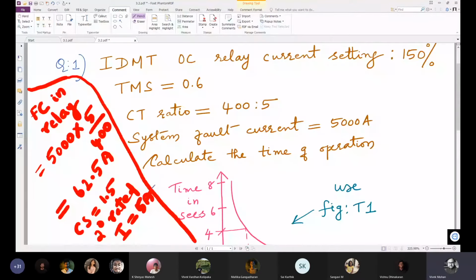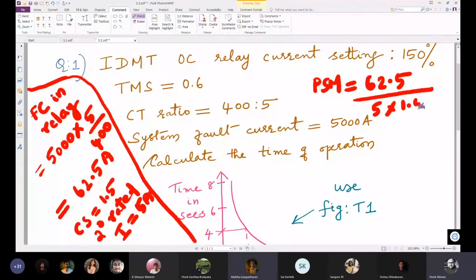Now, how will you find the PSM? PSM equals 62.5 divided by, what is in the denominator? 1.5 times 5, 5 into 1.5, which will give you 8.33. Right, 8.33. Now go to the curve.